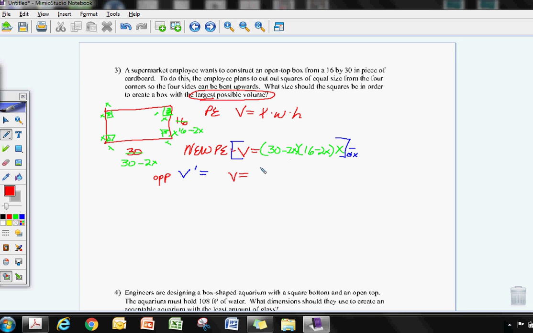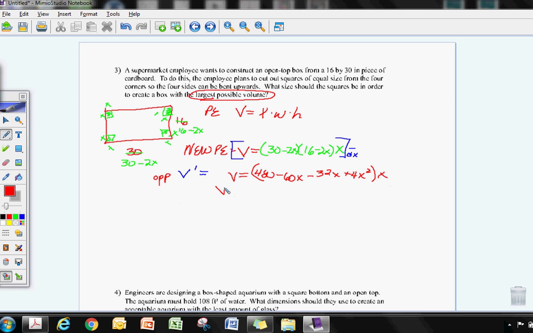I'm going to take 30 times 16, and I'm going to get 480, and then minus 60x, and minus 32x, and finally plus 4x squared, and that is all times that lone x still on the outside.